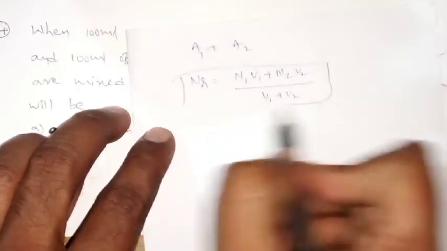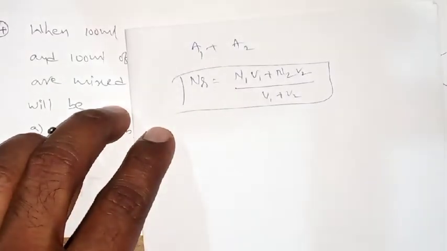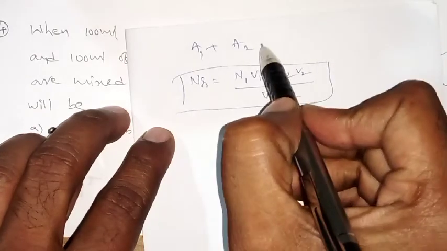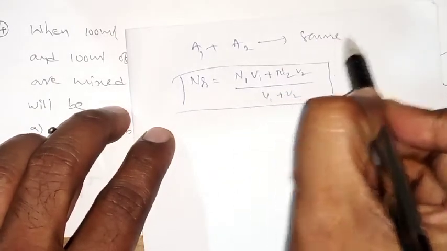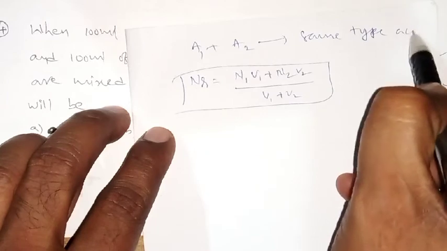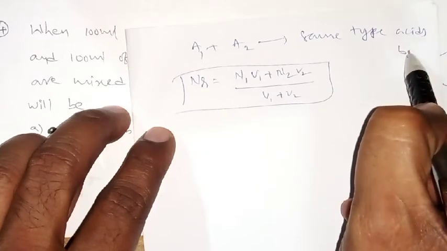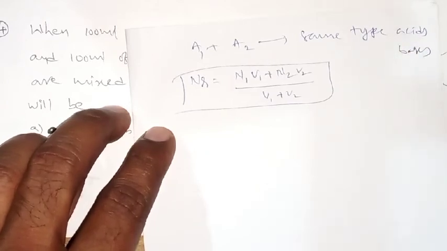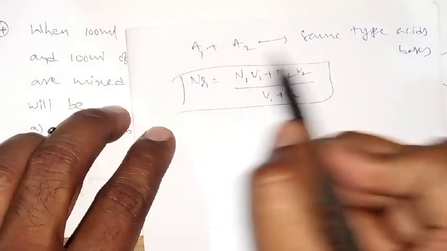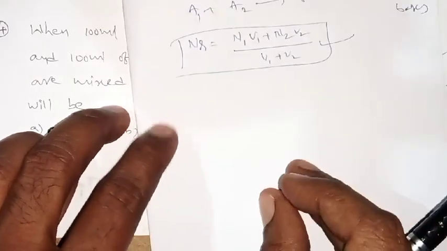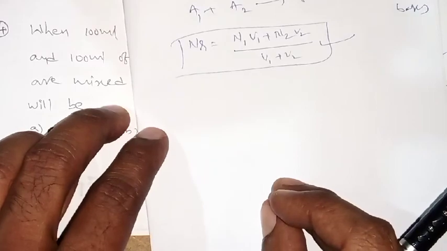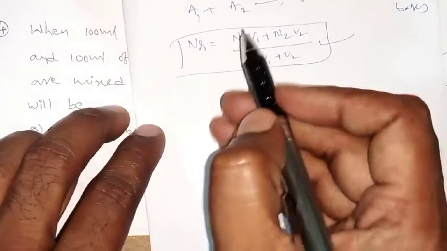This is the formula to find the resultant normality if the same type of acids or the same type of bases, that means solutions of the same solute, are mixed. If two acids or two bases are mixed, you can use this formula.